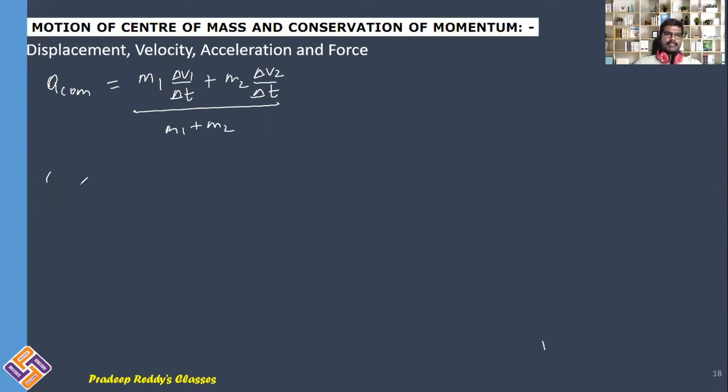This gives you acceleration of the center of mass is equal to (m1 a1 + m2 a2) divided by (m1 + m2).